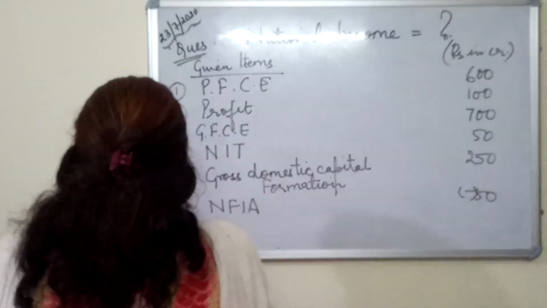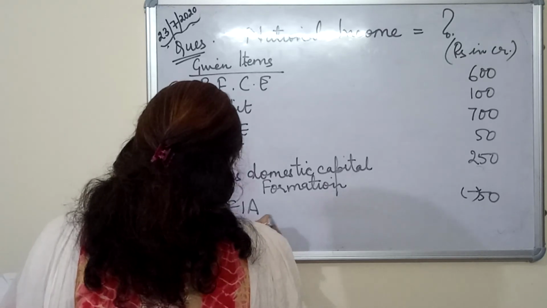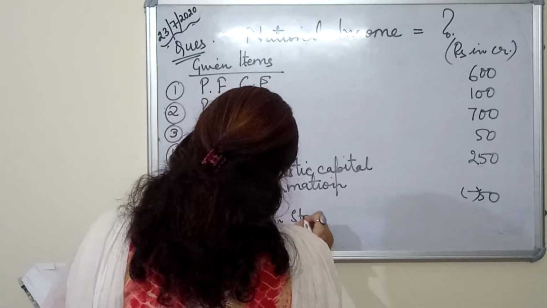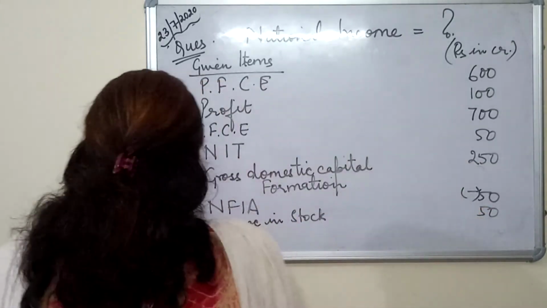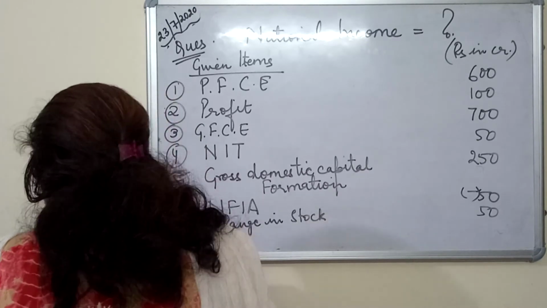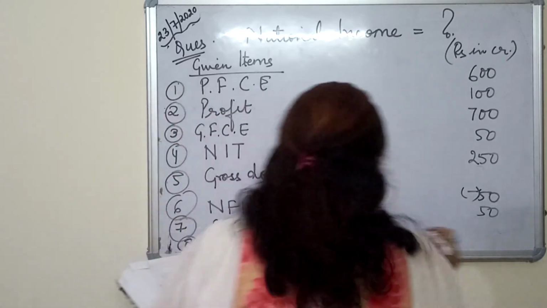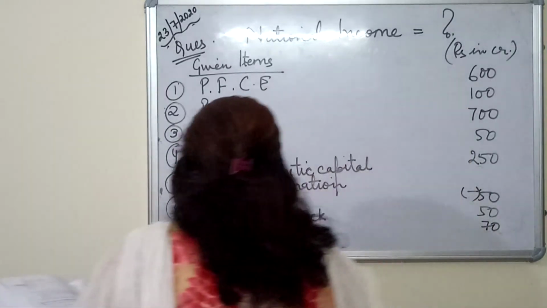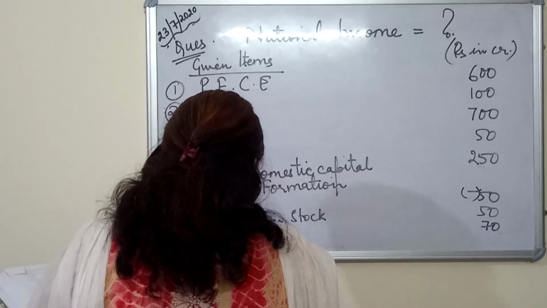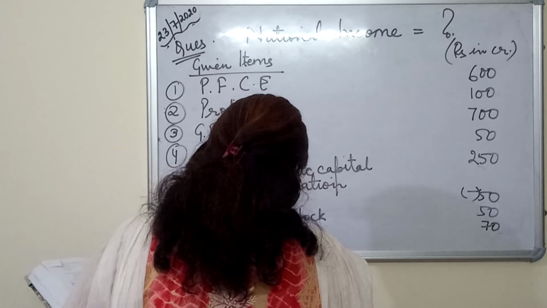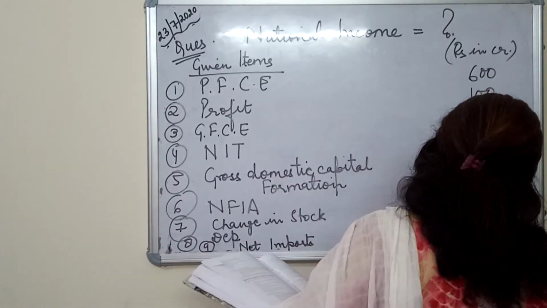Seventh thing is change in stock, which is 50. Eighth thing is depreciation, which is 70. And the ninth thing is net imports, not the exports, but net imports as 30.